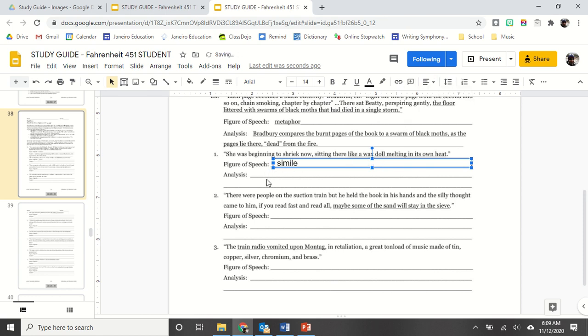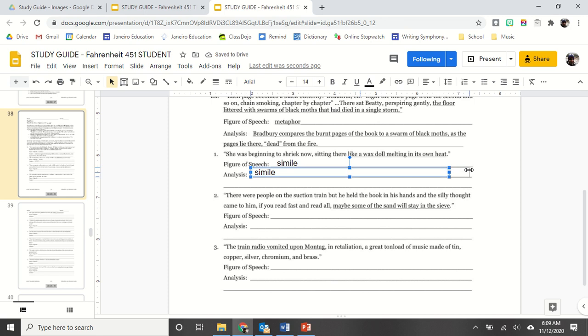And then for my analysis here, it says "sitting there like a wax doll melting in its own heat." The author knows that we can probably imagine a doll made out of wax, like a candle. When the wick burns, the wax melts away slowly.